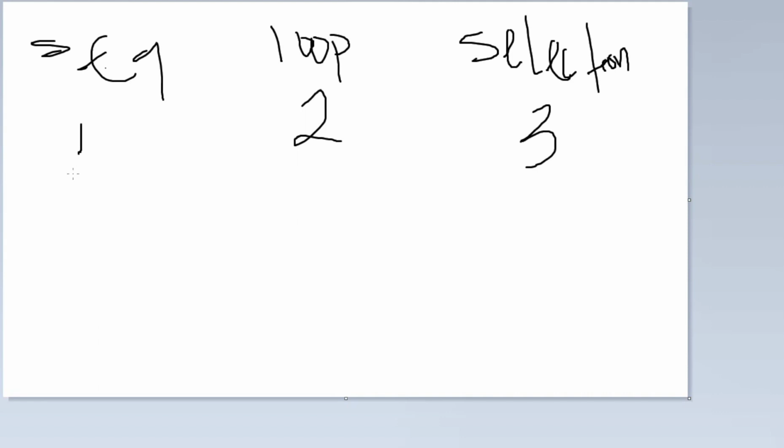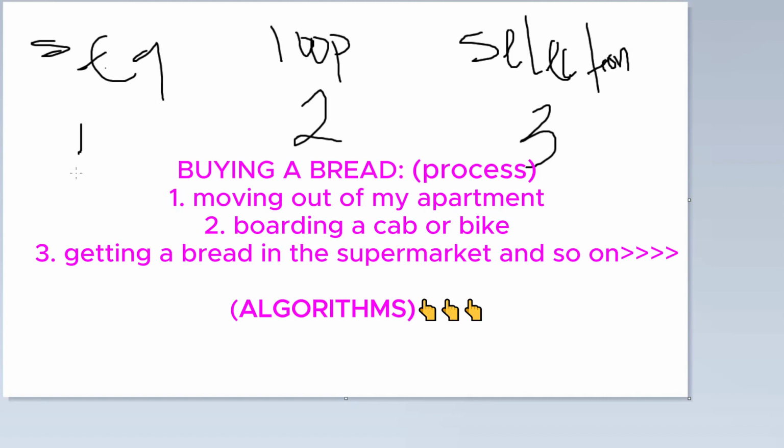I will have to use a real life application to explain what sequence is. Sequence is just like you're taking an action sequentially, one step at a time. For example, I want to get to the shopping mall to get some bread.